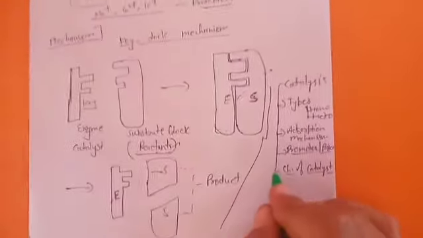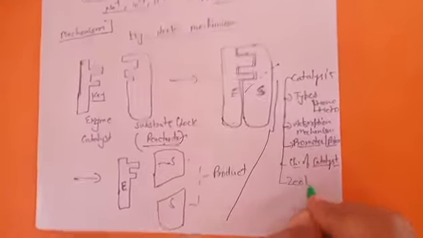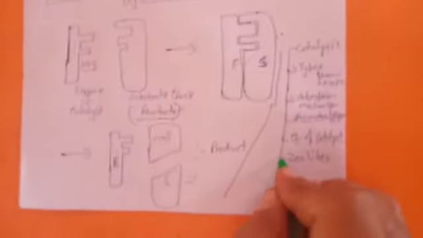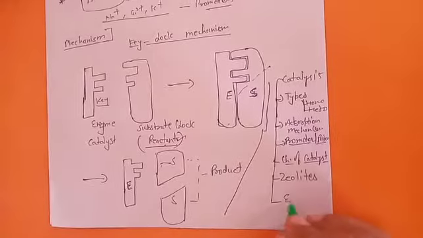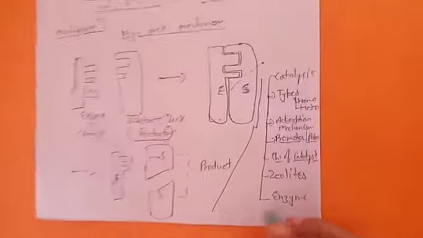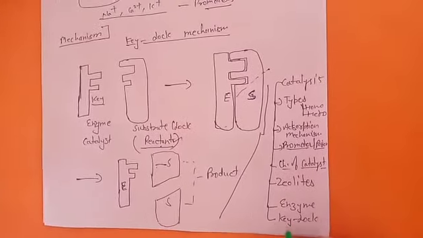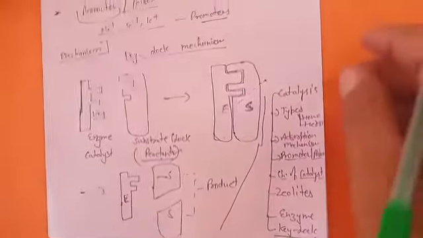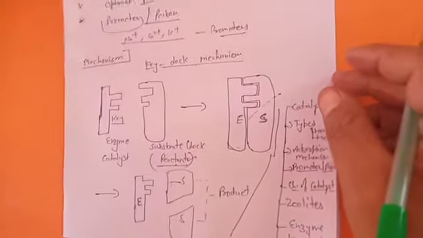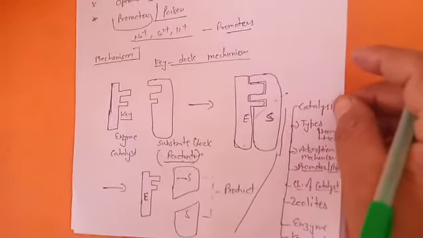The next topic after that is zeolites, which we will discuss today. After that we will discuss enzymes, and at last the mechanism, the key and lock mechanism. I am again repeating, you will see it in different chapters, so it's an important one.